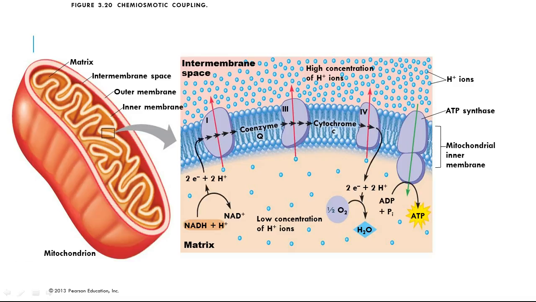Active. Okay, it's active. If I need to move something against its gradient, I need to give it energy. Does it make sense to use ATP here because we're really trying to make ATP? So we don't want to use ATP to make it, it's a wash.